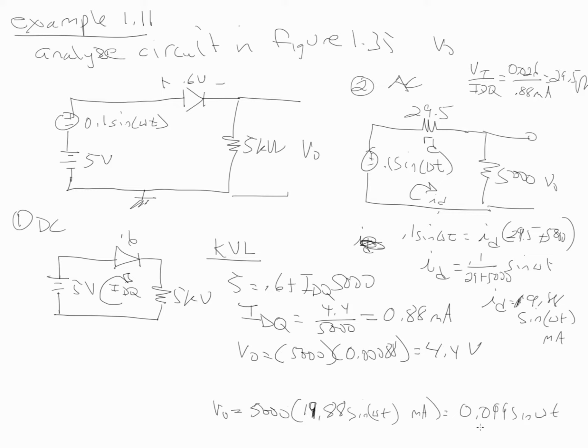So that's our small signal output. And then your total output is just going to be the big V out, this one, plus this one here. And so you have your DC with this sinusoidal superimposed on top of it.